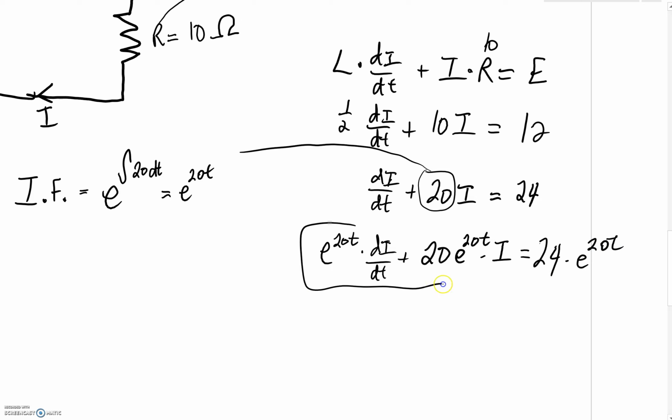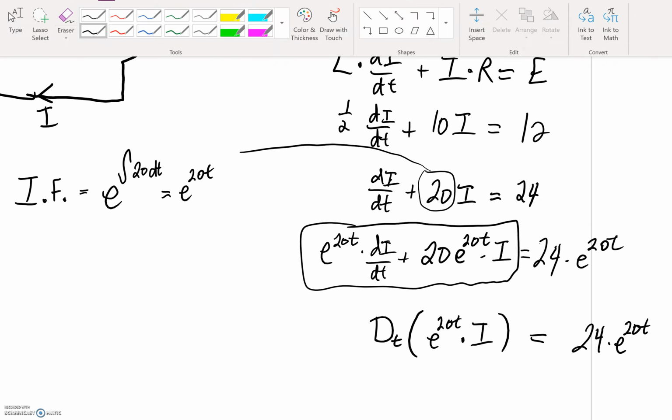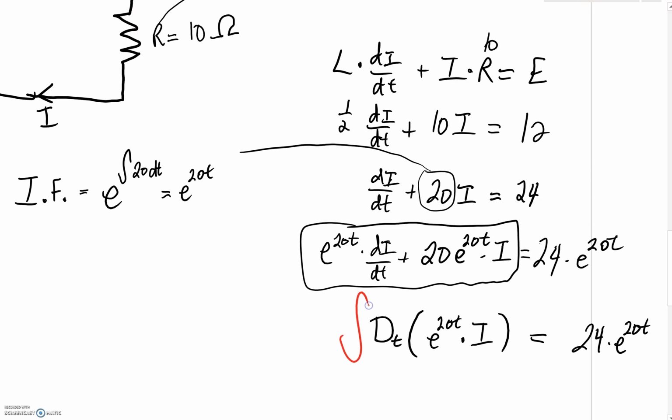And then you look at this left-hand side, and it's the product rule. And we can write it, actually, as the derivative of e to the 20t times I. And from here, wow, we are really moving. We're doing a good job. We're going to integrate the left side and the right side with respect to t.